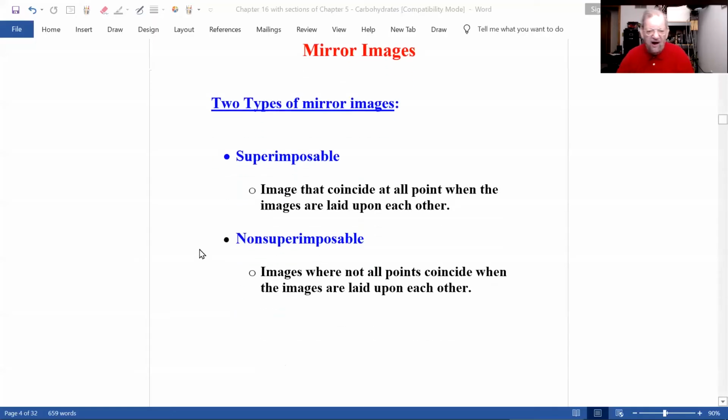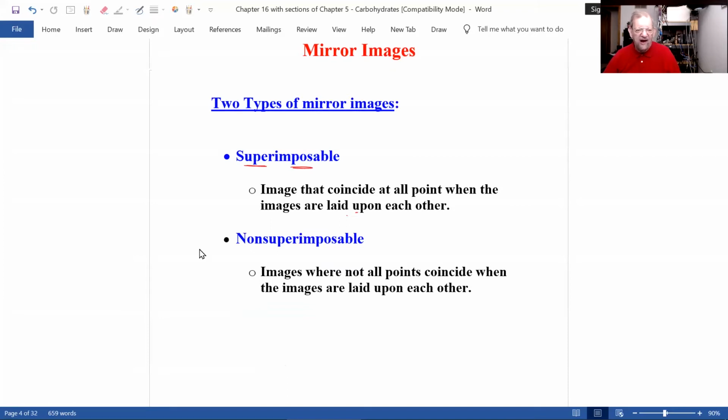Anyways, if you put your hand up to a mirror, you'll see a reflection. And that's called a mirror image. There are 2 types of mirror images, and you should know. The first one is called superimposable. And that's an image that all points coincide when 2 images, the image and the actual object, are laid upon each other.